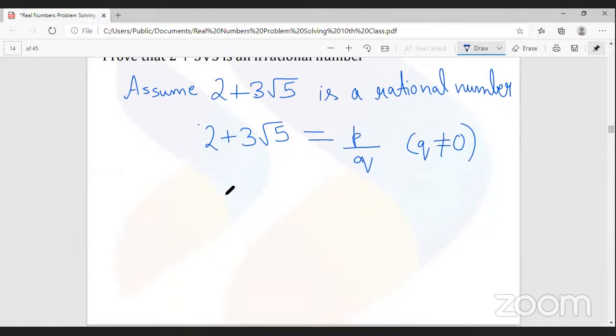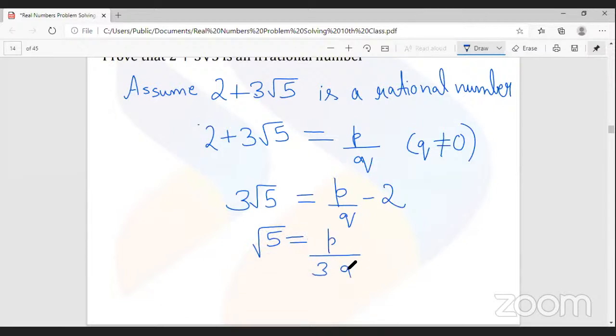Now I'll subtract 2 from both sides. So what I get is P by Q minus 2. And then I'll divide 3 on both sides. So what I get is root 5 equals P by 3Q minus 2 by 3.